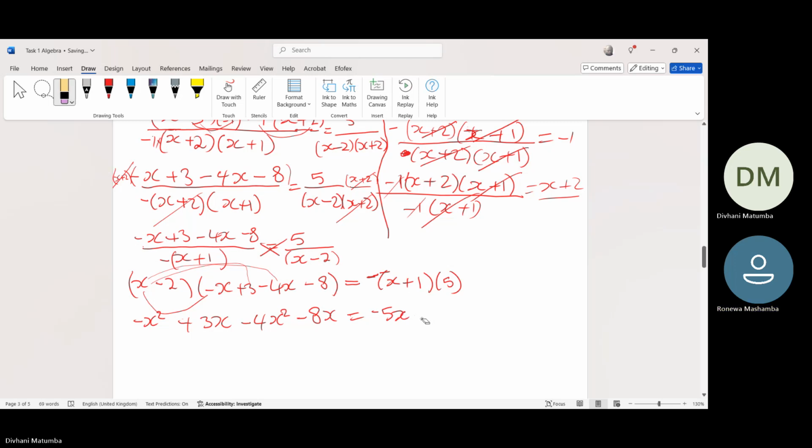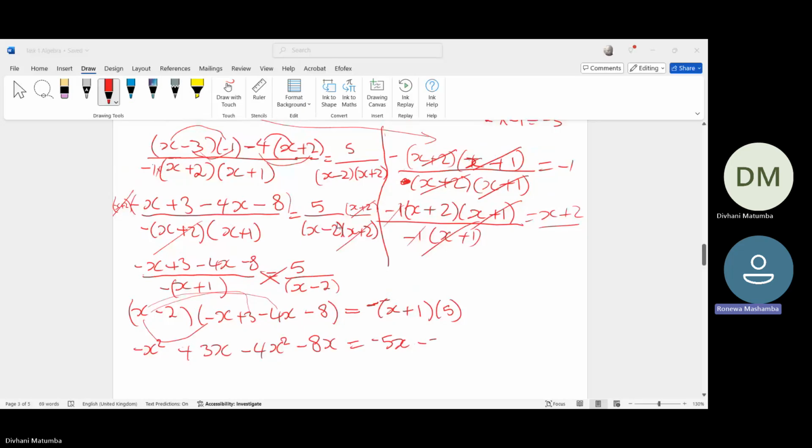Sir, I have a question. How come we didn't fully FOIL out the minus 2 on the left-hand side? You see how we expanded the x, with x multiplied by minus x and then x multiplied by plus 3?